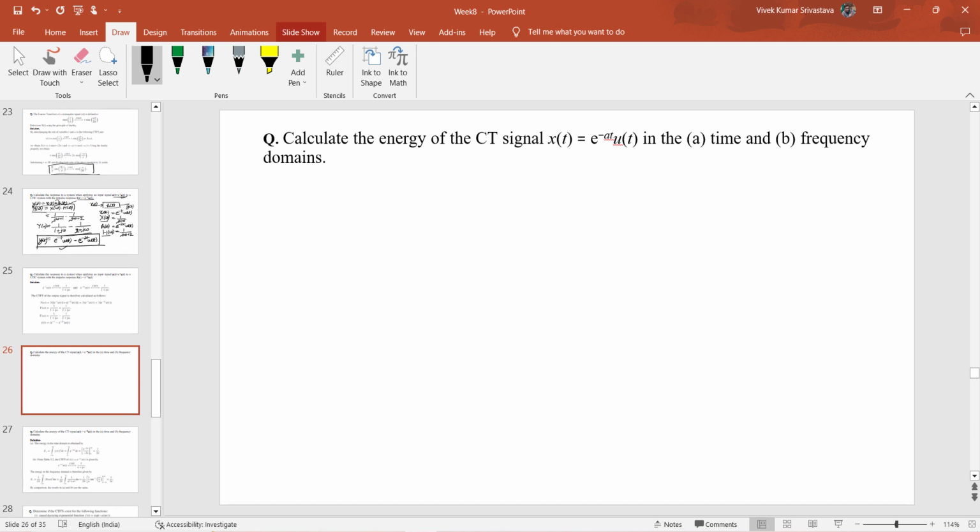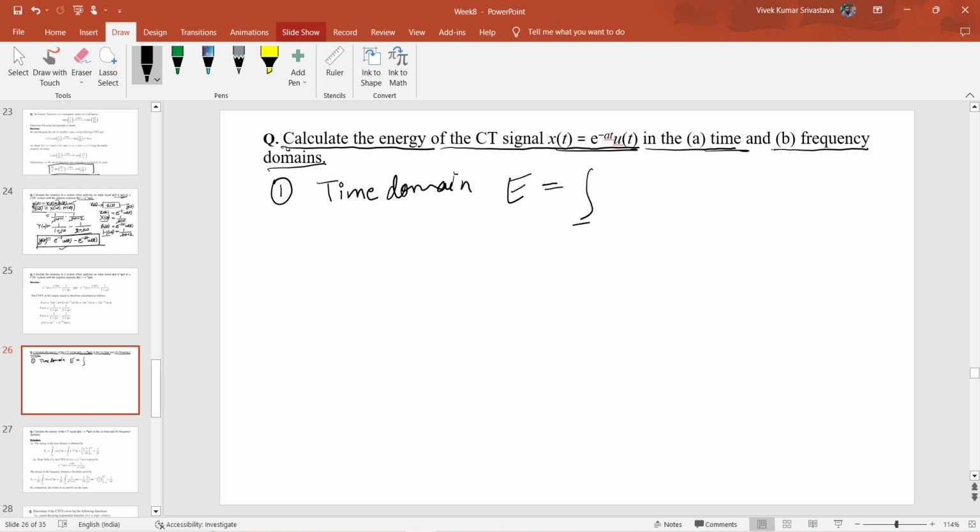So now moving ahead, the next problem states: calculate the energy of the continuous time signal x of t, which is equal to e raised to the power minus at into u of t, in both the time as well as the frequency domain. Let us first find the energy of this signal in the time domain. In the time domain, energy is defined as the integral from minus infinity to infinity of mod of x of t squared dt.